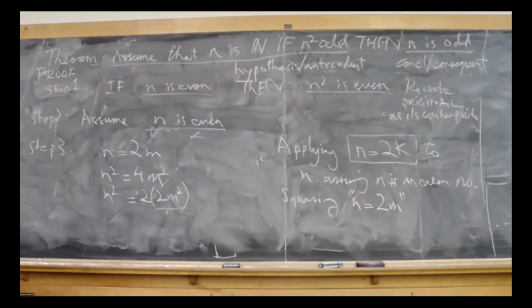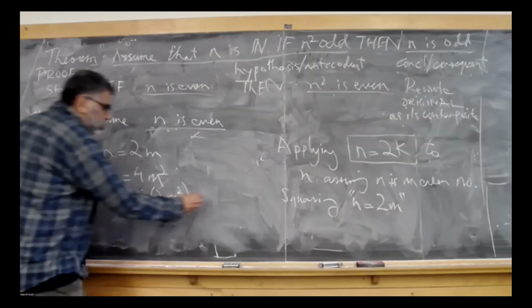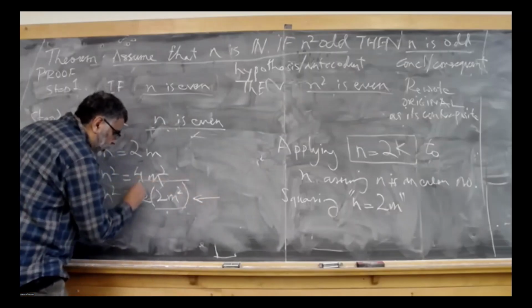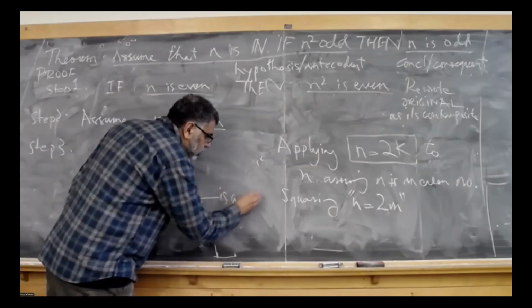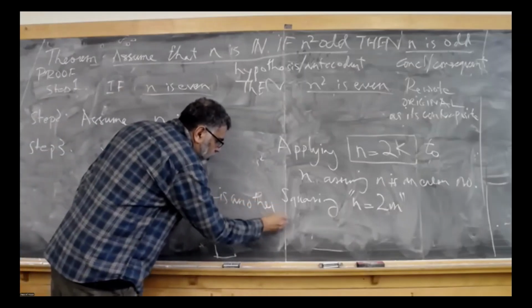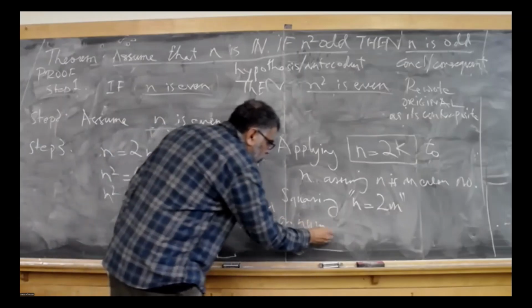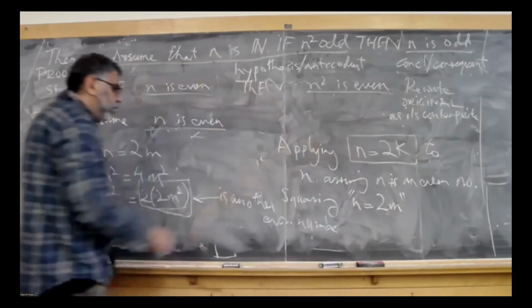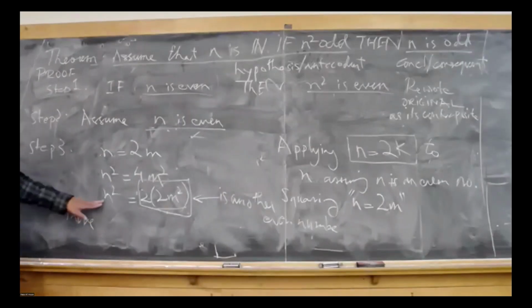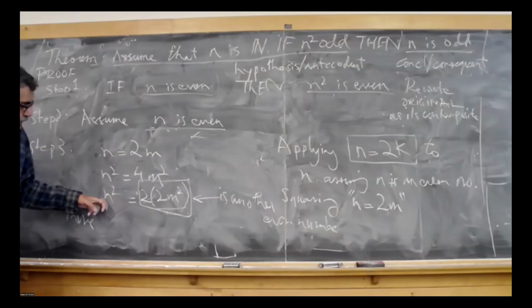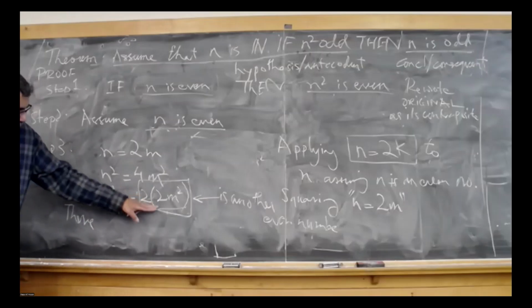So we say that this whole thing is another even number because it looks like 2k, and therefore if you square an even number, can you get an odd number? No, okay. And the fact is that you've been told that this is even.